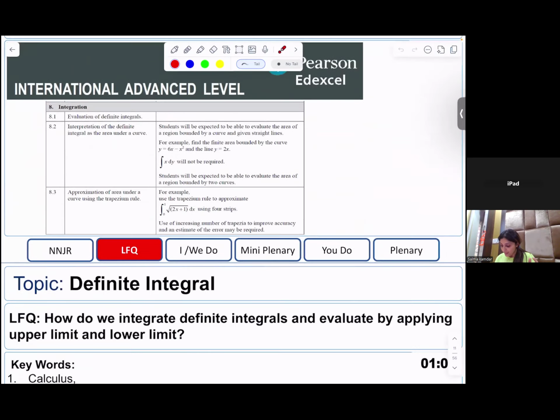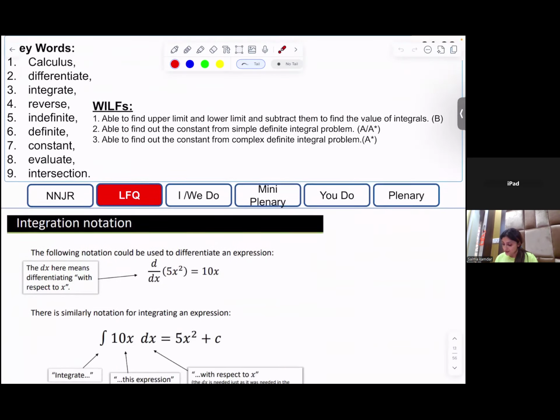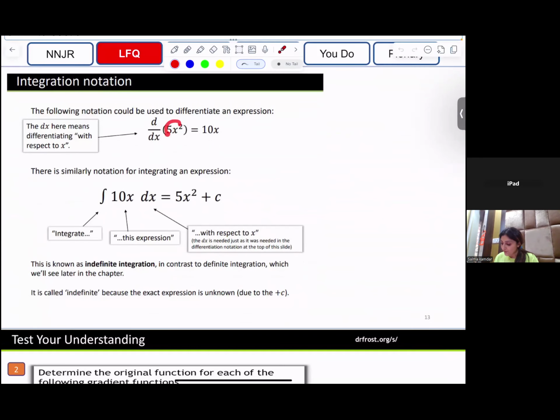Now this is called indefinite integration. So y is your function, this is your dy by dx. When you integrate your dy by dx, you will get the y. So the notation stands for integration. You integrate your gradient, this expression with respect to x, dx, and you're going to get y.